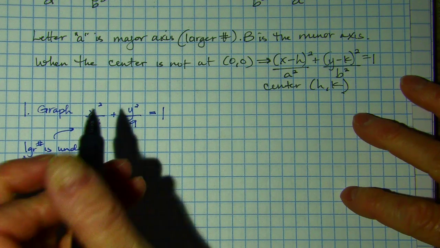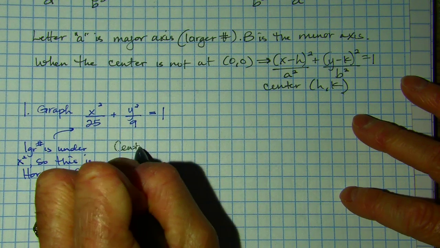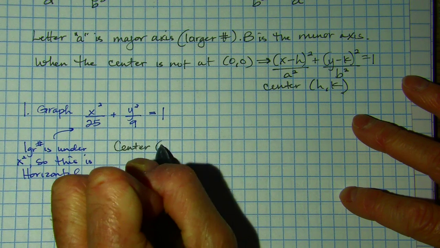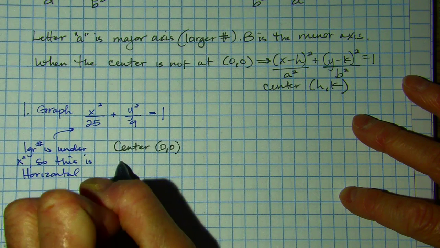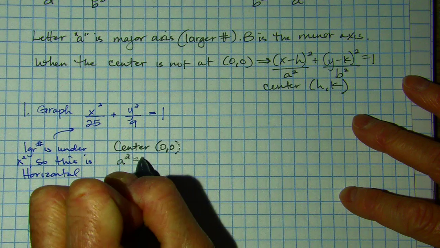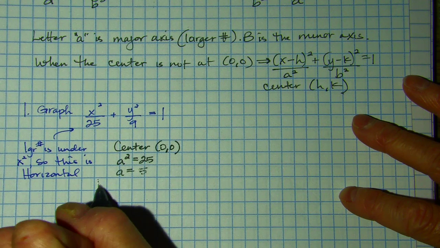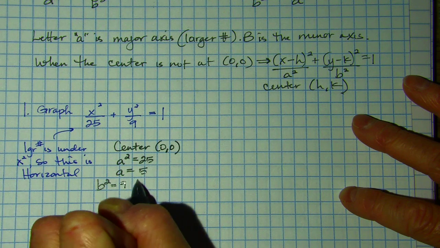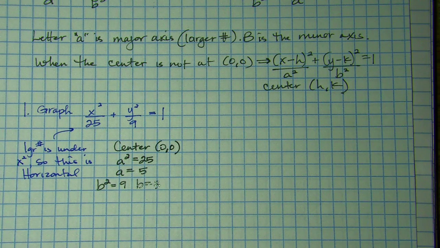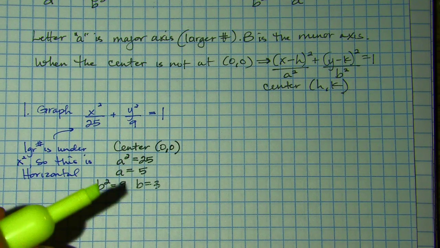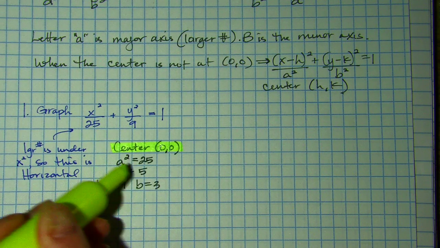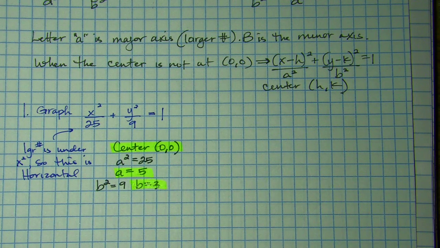And now I'm going to identify, I know my center, since there's nothing next to x or y, my center's at 0, 0. A squared is 25, which would mean A is 5. And B squared equals 9, so B equals 3.